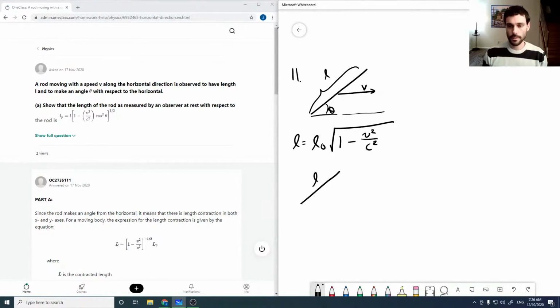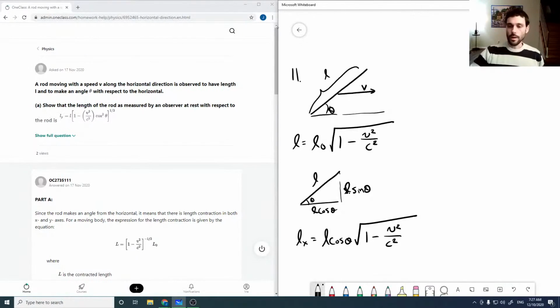So if that's its length, and that's theta, then that's L cos theta, and that's L sine theta. So our x direction is going to be compressed, so our Lx is going to be L cos theta, square root of 1 minus v squared over c squared.